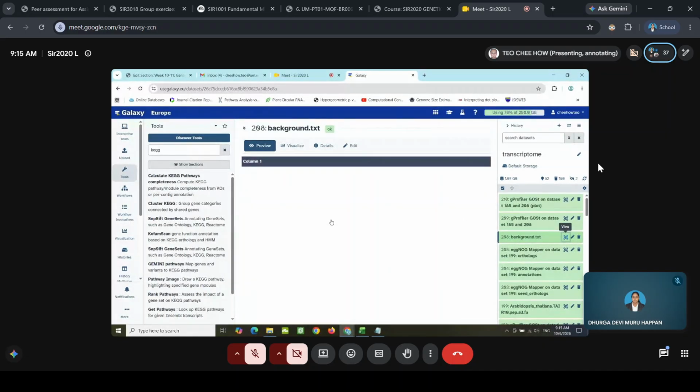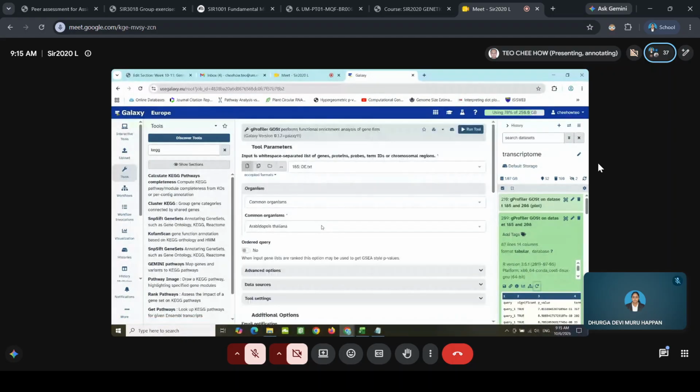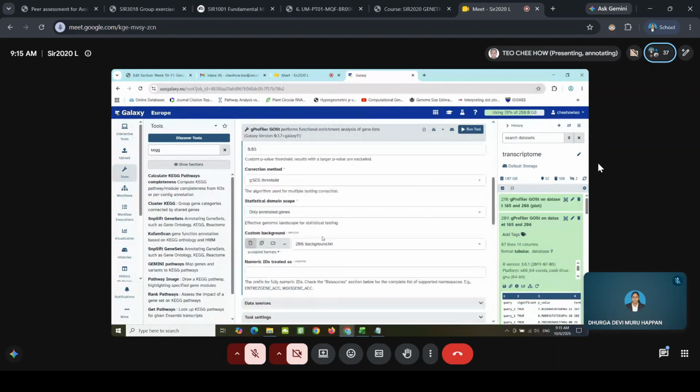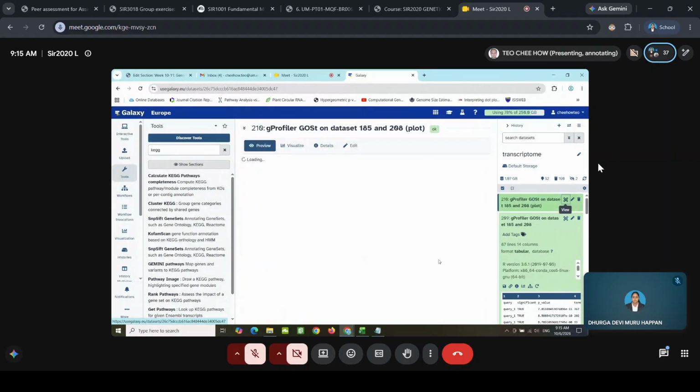Yeah, for your GOPro, this is a background. Use it for your GOPro folder. Yeah, in here. Right, then you can run the analysis.